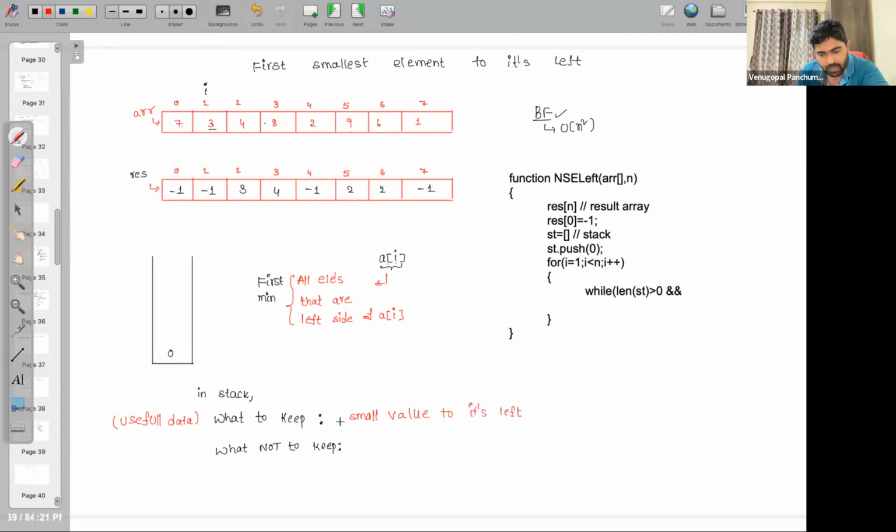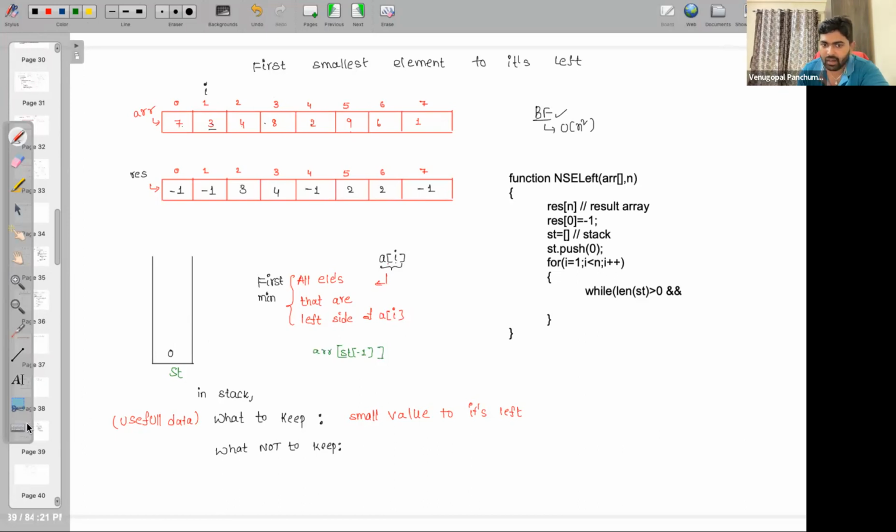Now try to check, friends. Let me show you in a green color. So this is stack st, right? Now st of -1. When you write st of -1, we will get the top element. But the top element is an index, and I want the value. Therefore, you need to keep it like this.